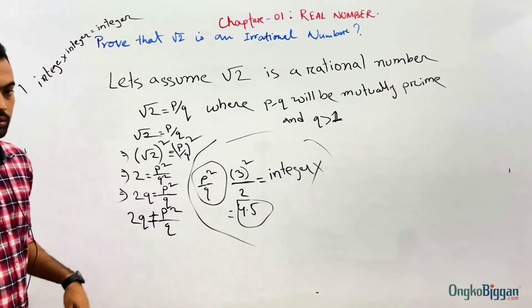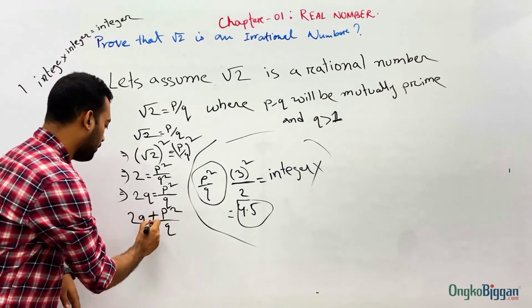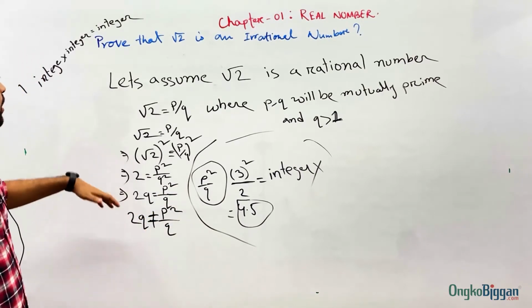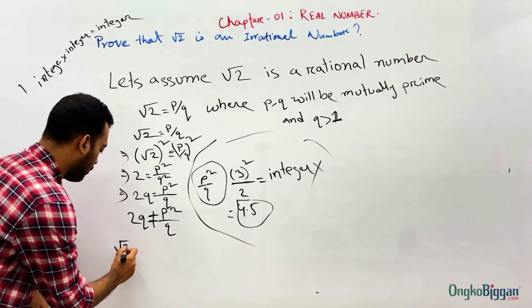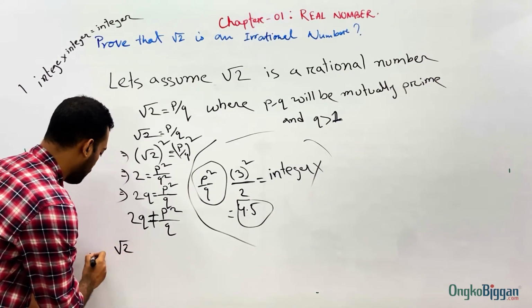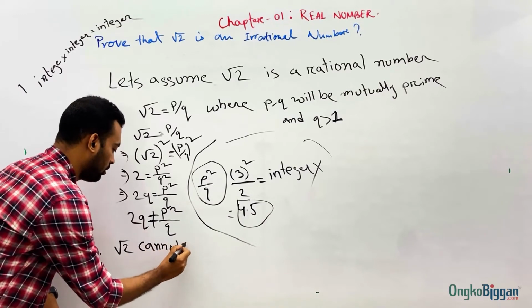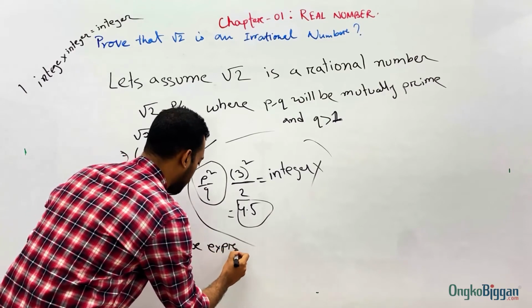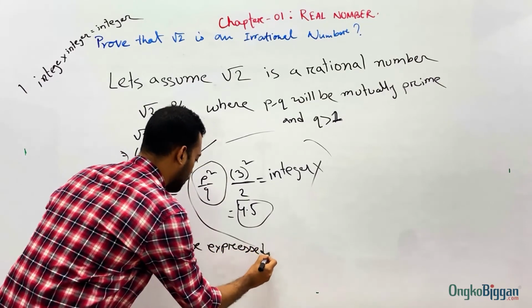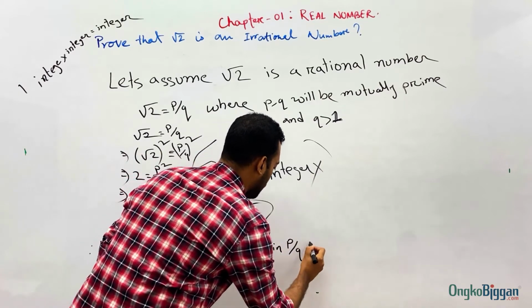This is not equal to this. Okay, so that means root 2 cannot be expressed in p by q form.